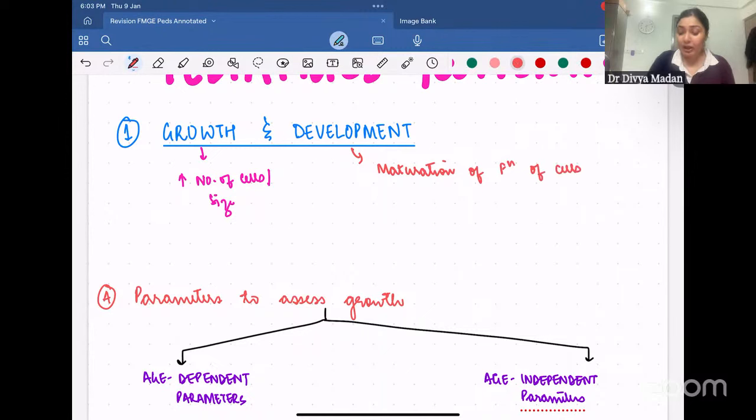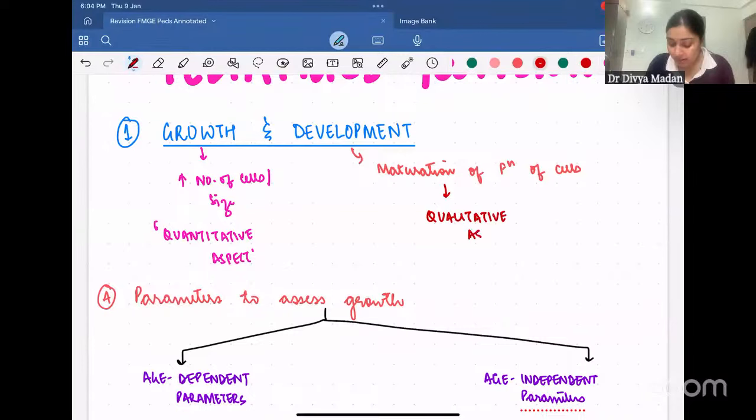That means whenever I'm talking about growth, I'm dealing with the quantitative aspect, right? That means either increase in the number or increase in the size, quantity is affected, right? So this is quantitative aspect. Whereas development, it is a qualitative aspect, right?